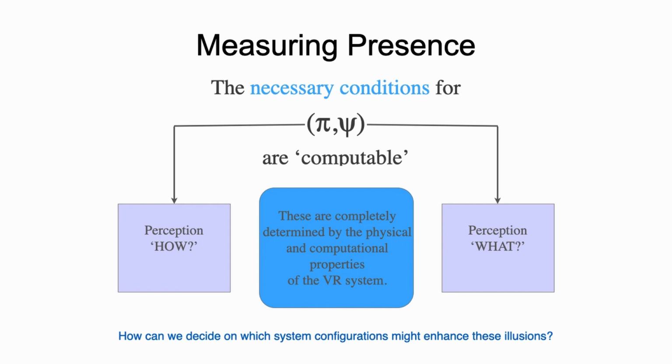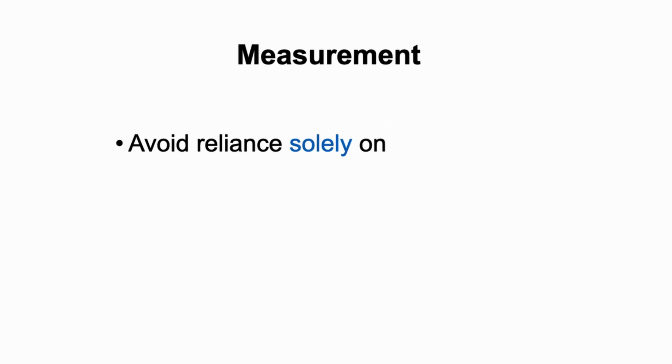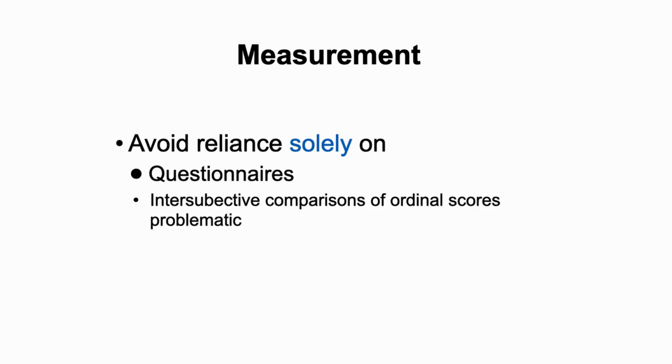So how can we decide on which system configurations might enhance these illusions? Now this moves on to the issue of measurement. I would say avoid sole reliance on questionnaires. Questionnaires have the problem that intersubjective comparisons of ordinal scores between people are problematic. Physiological responses are another possibility.